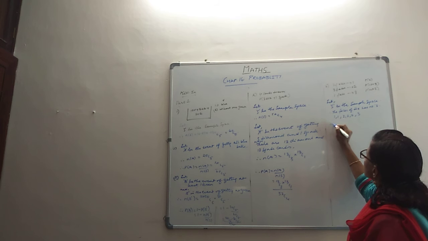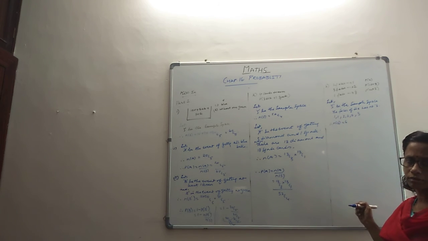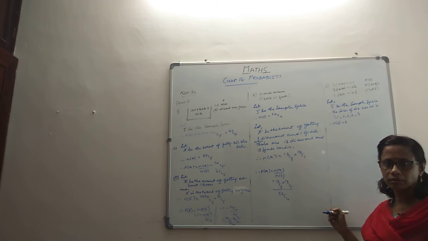So 6 outcomes only. They are different faces representing the numbers like that.